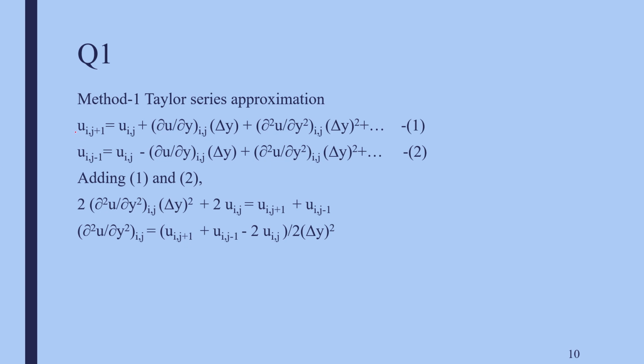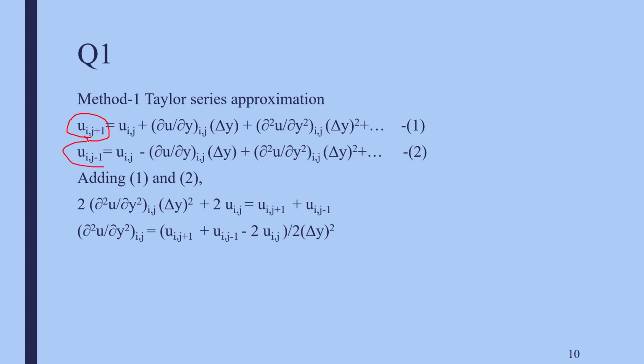by using the Taylor series approximation, for u(i,j+1) we are getting the expansion as this, where u(i,j+1) is equal to u(i,j) plus ∂u/∂y at (i, j) into Δy plus ∂²u/∂y² at (i, j) into Δy², and so on.